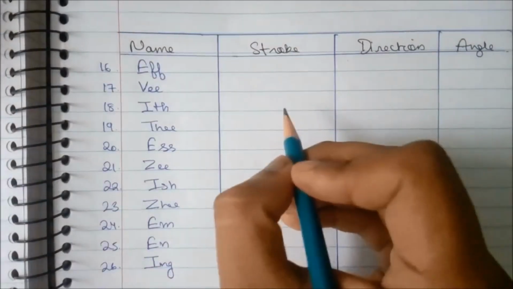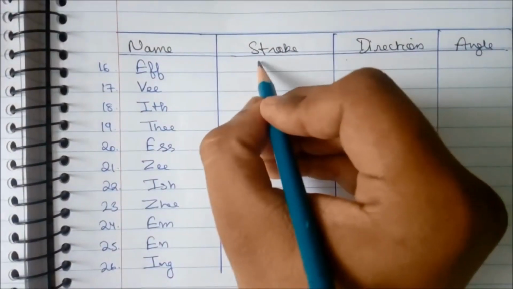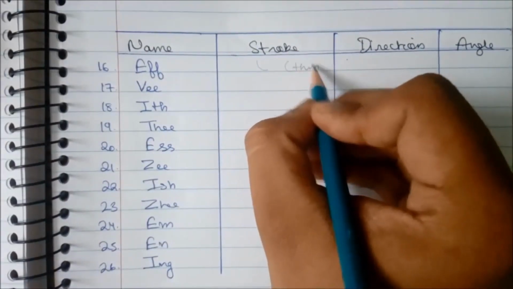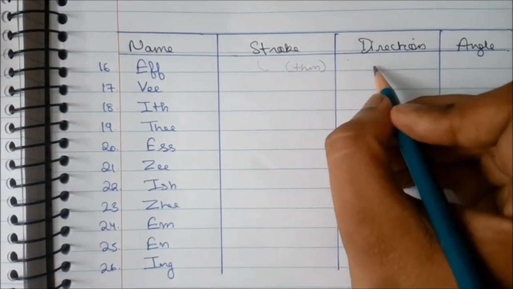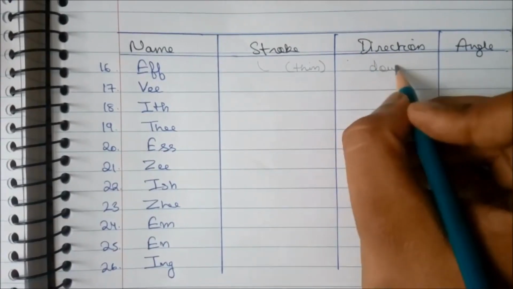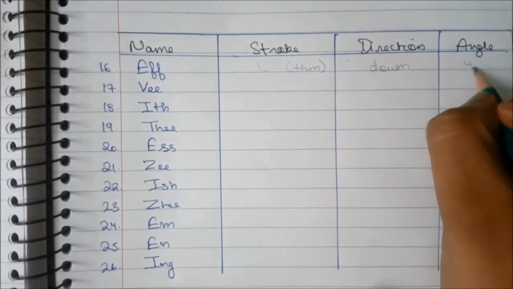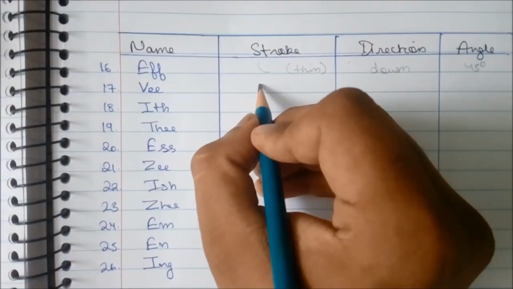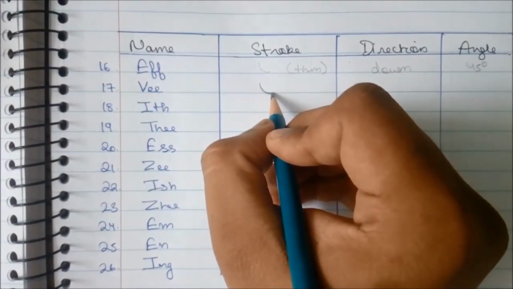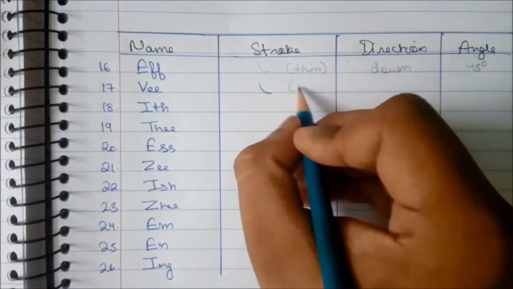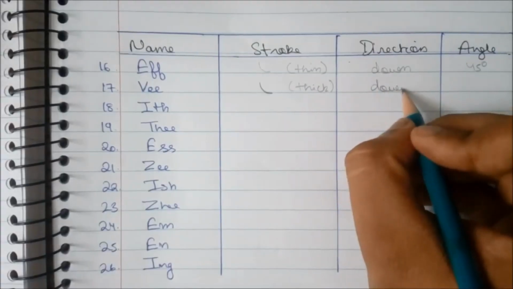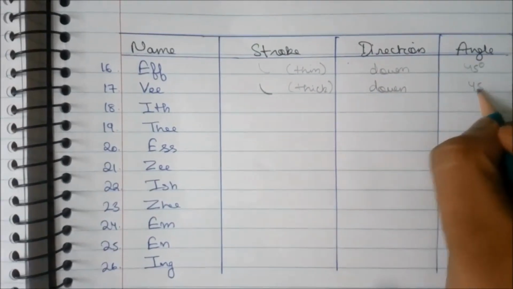The 16th stroke is F. It is a light stroke, thin stroke, and its direction is downwards and it is 45 degree from the vertical. Next stroke is V. It is a thick stroke. It is also drawn downwards and its angle is 45 degree.